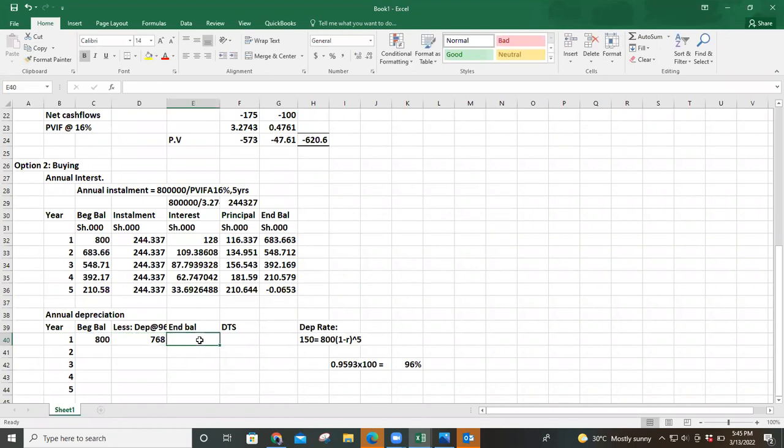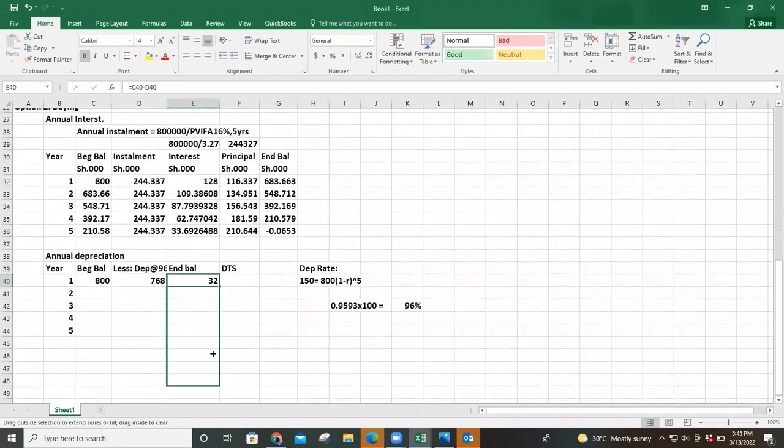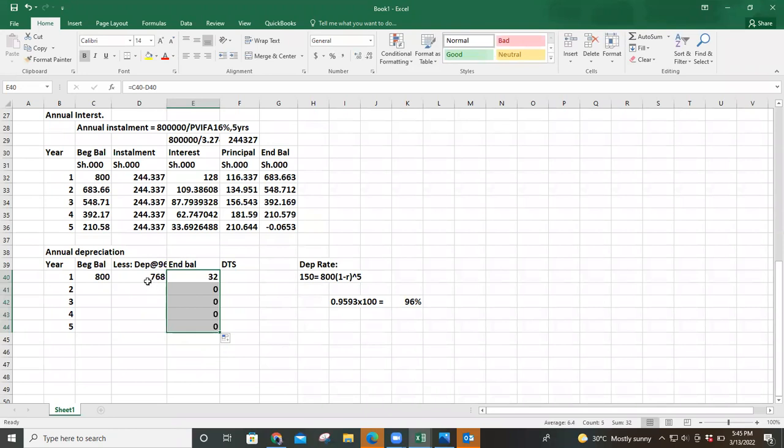And of course, the end balance will be the beginning balance minus the depreciation. The balance at the end of year 1 starts our year 2.